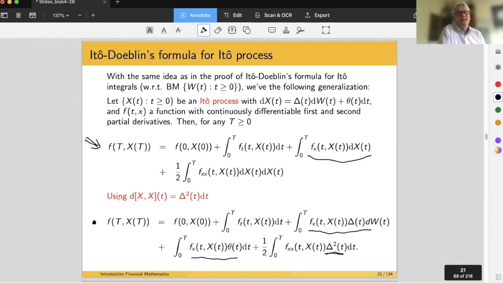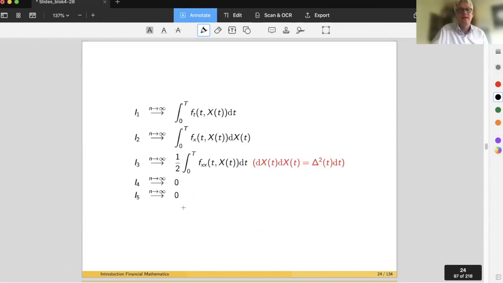That gives Ito-Doeblin's formula for the Ito process, and we have outlined the proof. Again, here, please see delta square t dt, and that comes from this quadratic variation differential. So this concludes today's lecture. Thank you for your attention.